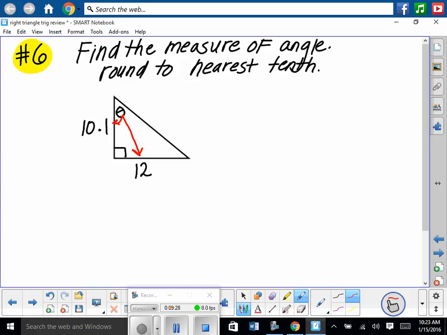So the only trig ratio we can use is tangent. Tangent of theta is opposite over adjacent. That's the only information we're given, so we're using tangent. Tangent of theta is equal to opposite over adjacent. So the opposite is 12 over the adjacent, which is 10.1.